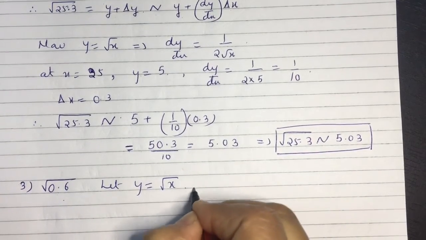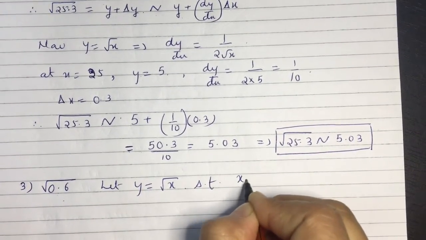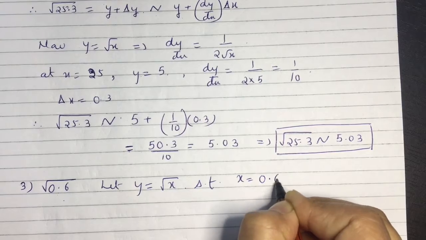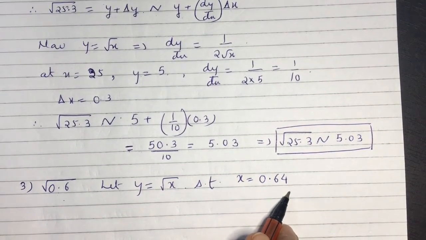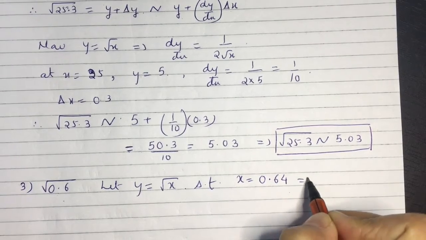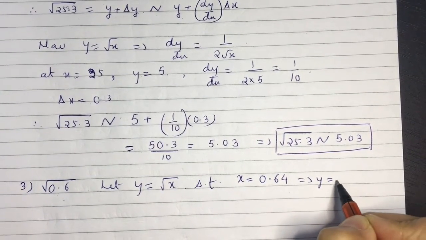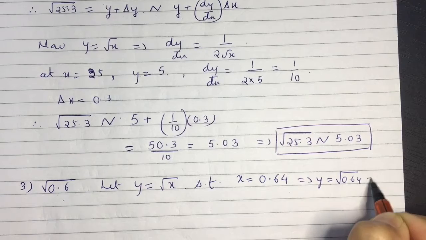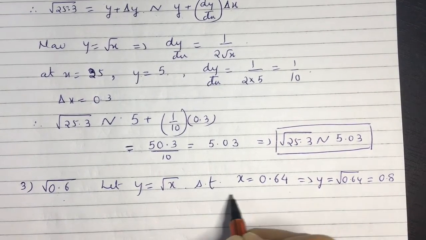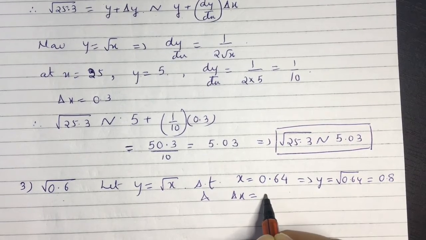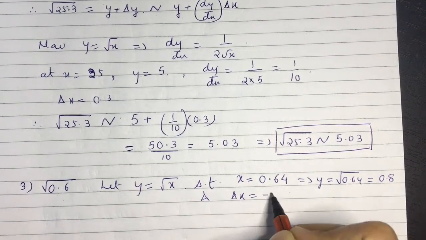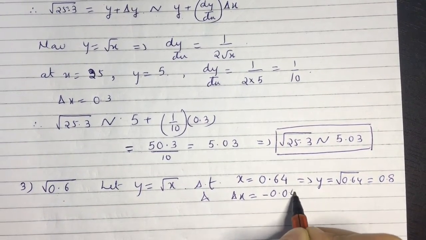So we have to look at a nearest perfect square. So here the nearest perfect square would be 0.64. If you see, it's a square of 0.8, and so y becomes equal to square root of 0.64, which is 0.8, and delta x is equal to minus 0.04.